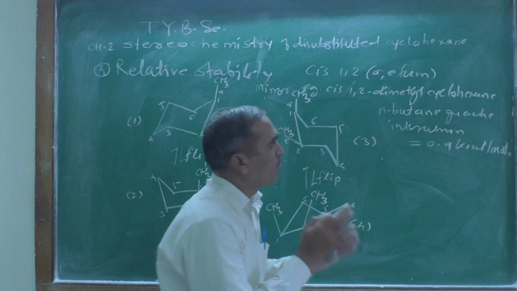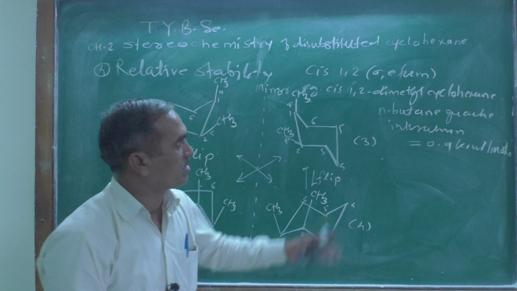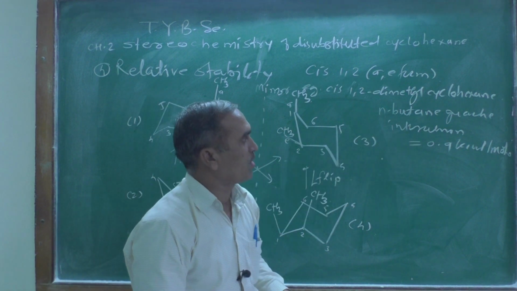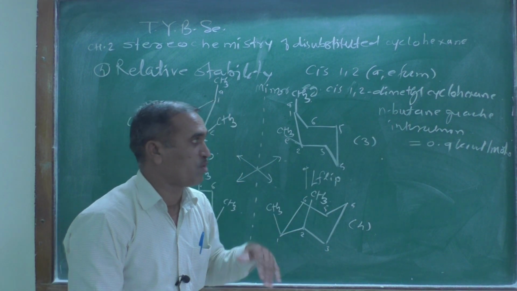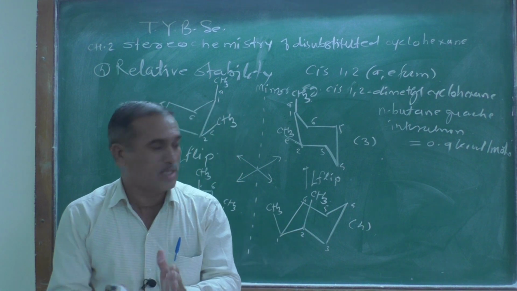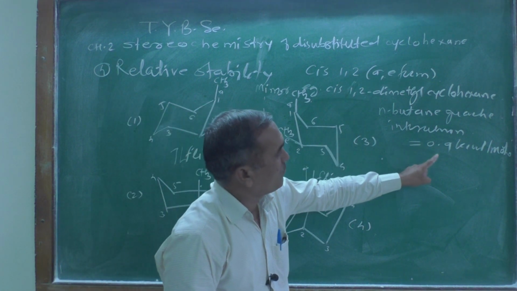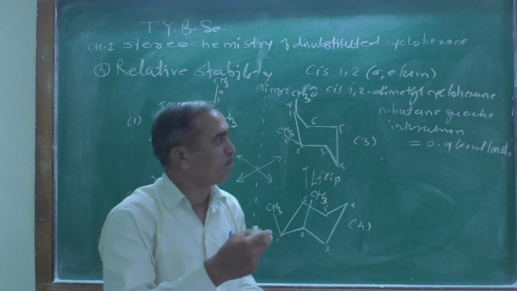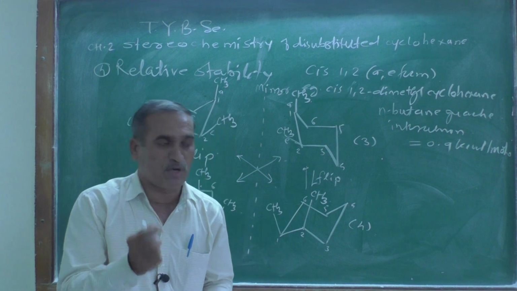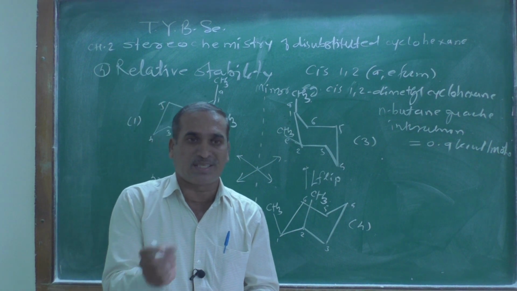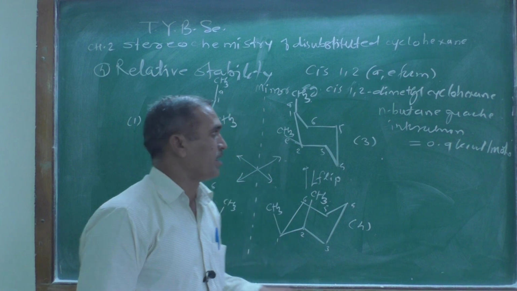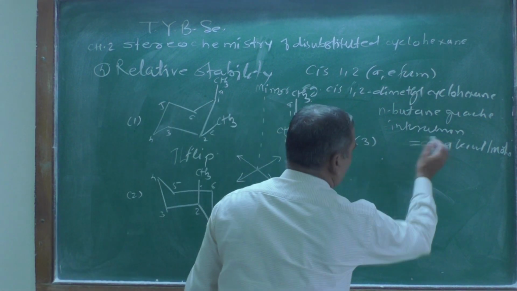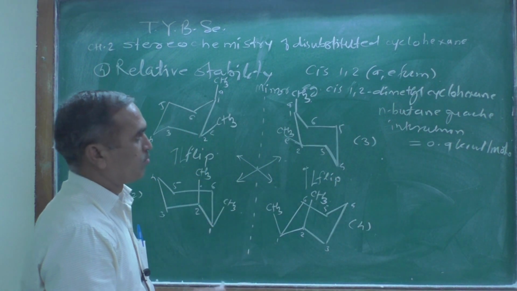This much energy, which we can also call van der Waals strain, that you already learned in your previous class. This is van der Waals strain, 0.9 kilocalorie per mole.